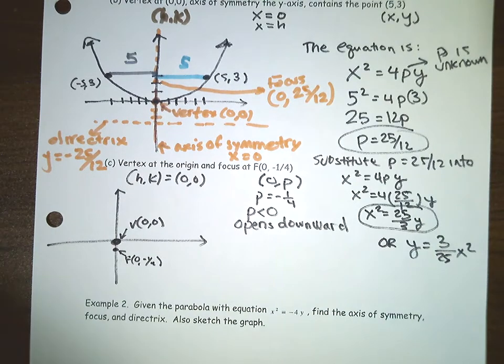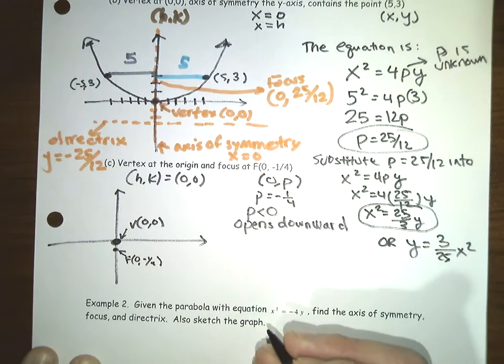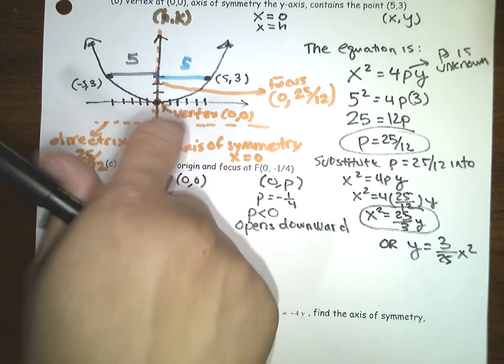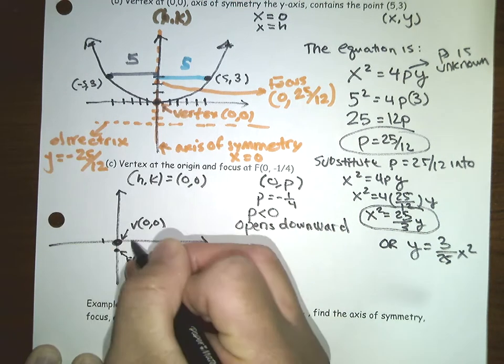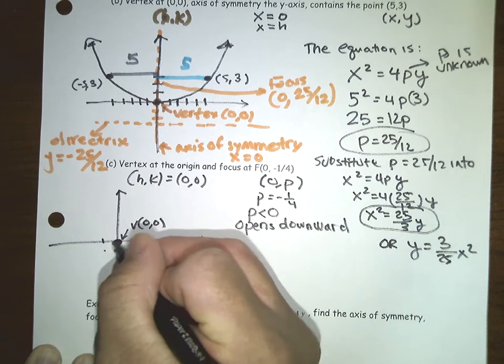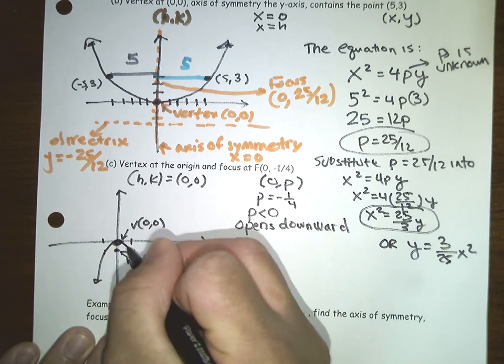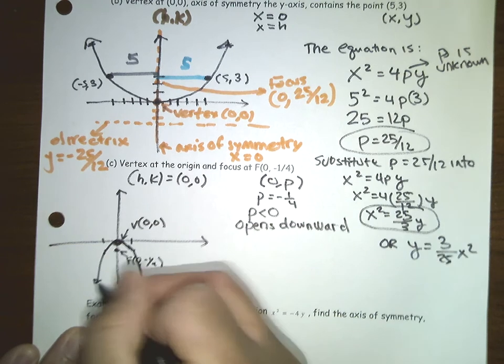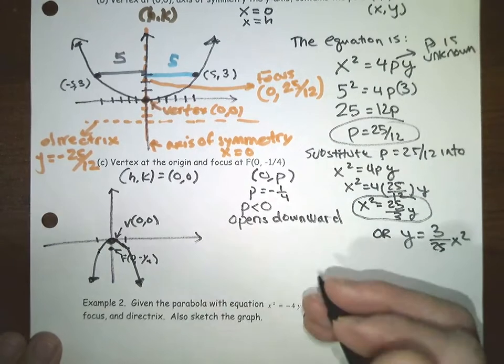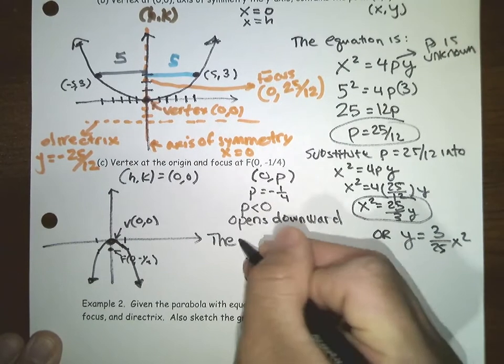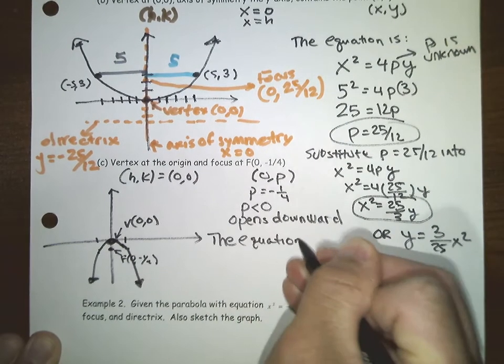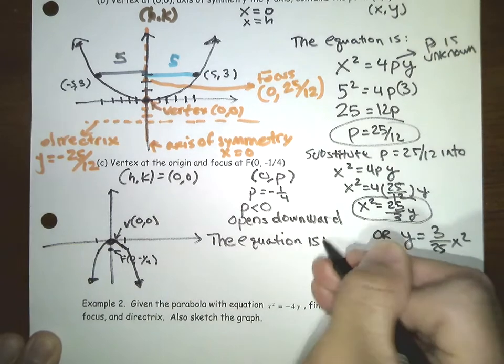Hopefully you can see that this one is going to open narrower than the other one, of course. This will look almost like a scam the way that I'm drawing it, but believe it or not, once we figure out what the equation is, it will be one that we've worked with a lot of times.